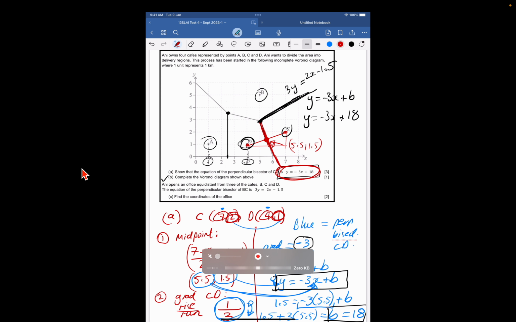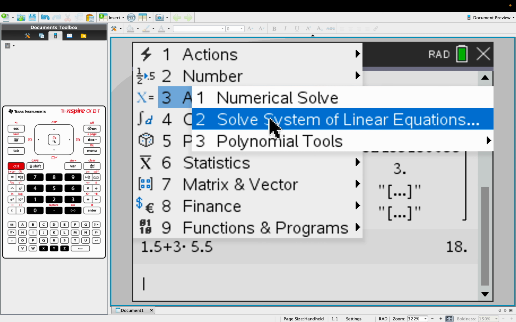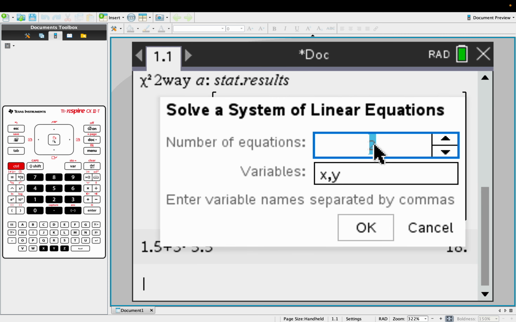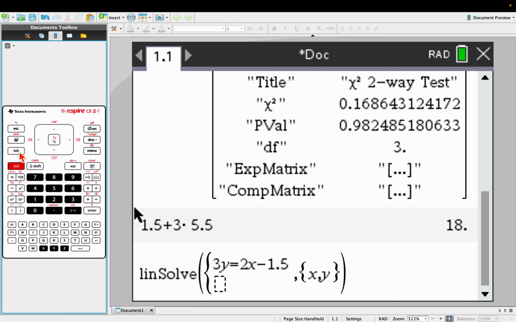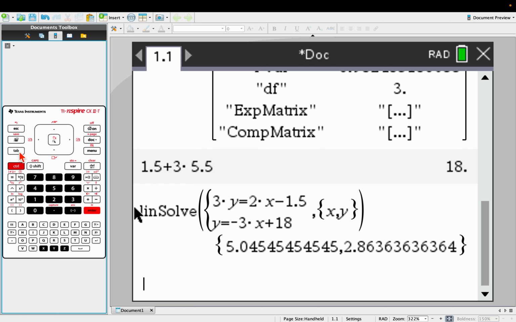And we're going to solve simultaneous equations. Menu, algebra, solve system of linear equations. There are 2 equations there with x and y in. Go ahead and just type in the equations. I've got 3y equals 2x minus 1.5. I'm going to press tab to go down to the next line, and this is y equals negative 3x plus 18. Boom.